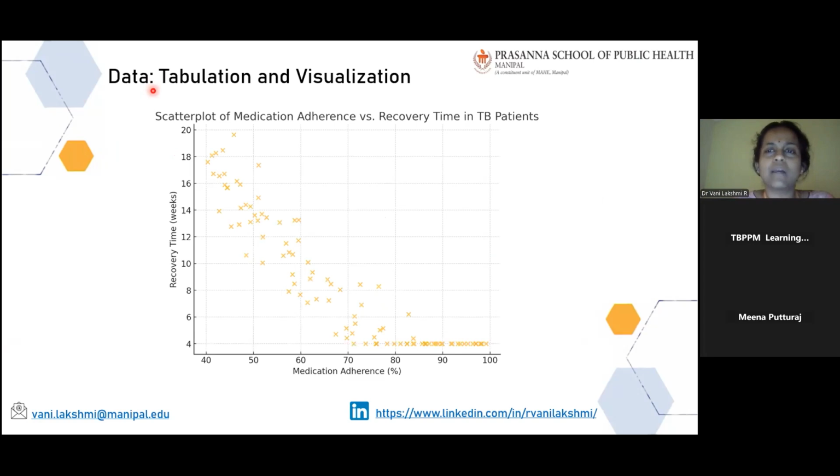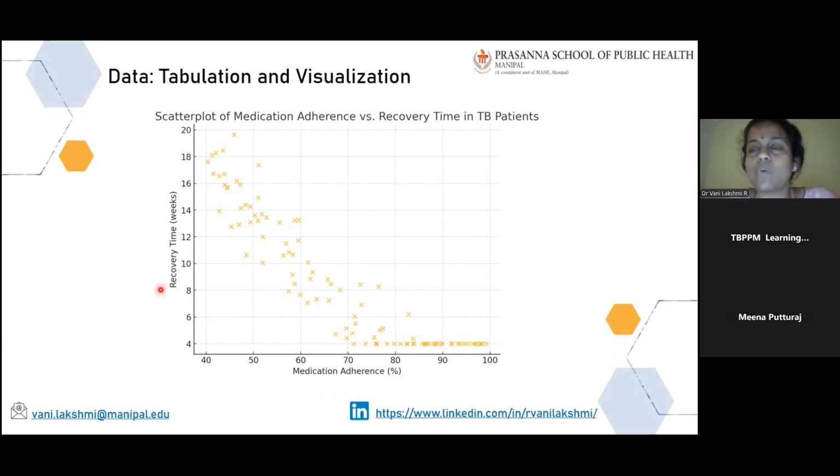Now, what I intend to do is present some graphs. Okay. First, we will see how to interpret it. What does it mean? And then we will learn a bit about it. So on my screen, there is a graph that talks about medication adherence and recovery time.